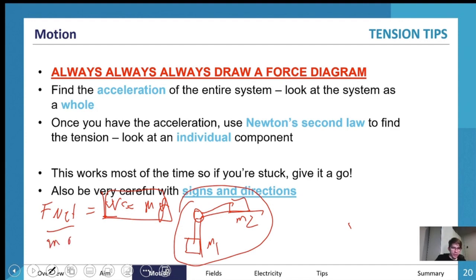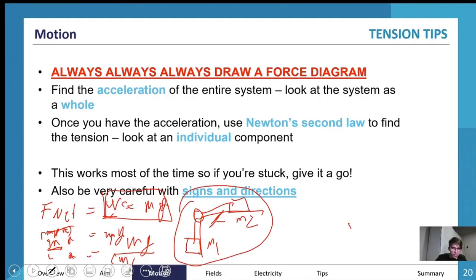Net force is ma. So ma is equal to mg. But this m for net force stands for both bodies. The weight force here is m1g, because that's the only block that the weight force is being applied to, pulling it down. So acceleration is equal to mg divided by this m here. This m is m1 plus m2.